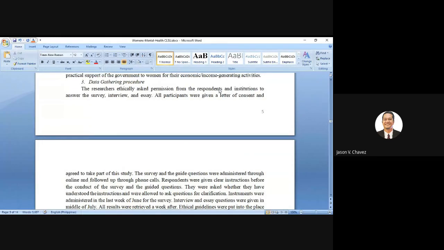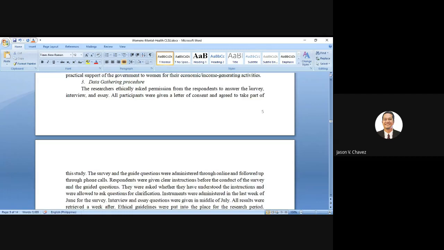Usually, if they belong to certain institutions, especially if their responses involve their institution. Wrong word, not affect, but if it involves their institution. But that's of course if it's needed. So all participants.